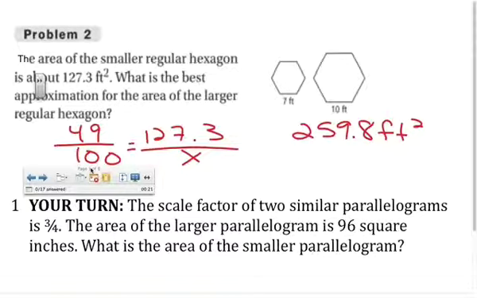The only thing that's really difficult about this lesson is remembering to square that ratio before you set up your proportion. Again, when you find the area of the smaller parallelogram, please type it into your Centillo.